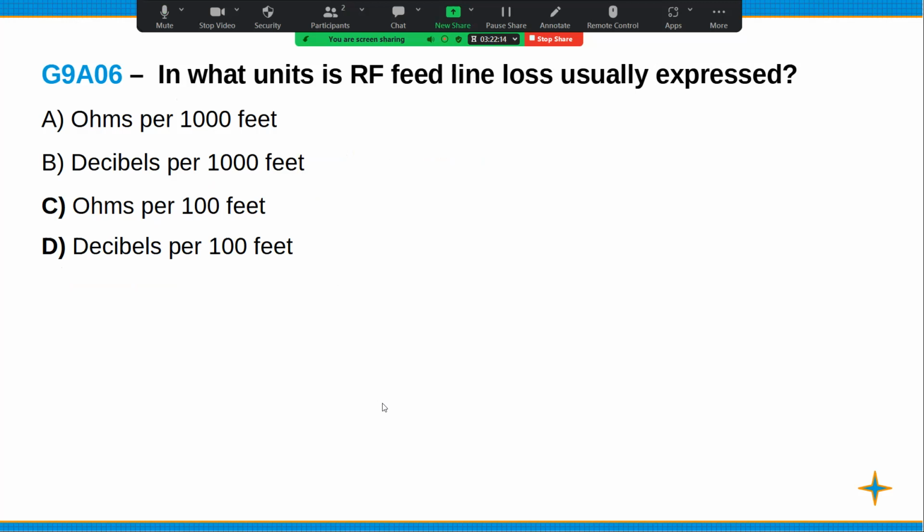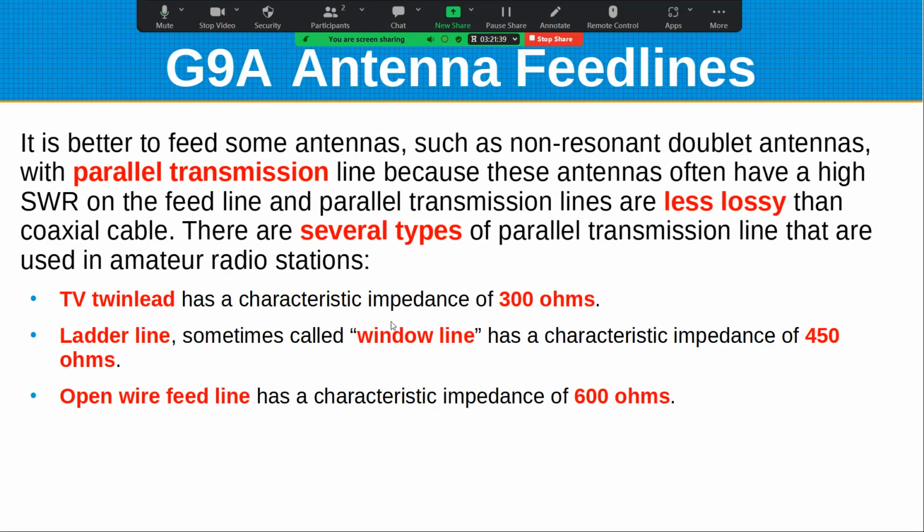You didn't read carefully. You almost made a mistake, didn't you? Decibels per 100 feet. We use ohms per 1,000 feet for wire resistance. I guess in some cases they may do 1,000 feet in dB for some really long wire stuff, perhaps. Normally, if you see the specification sheet for the cable, it's going to be in dB per 100 feet.